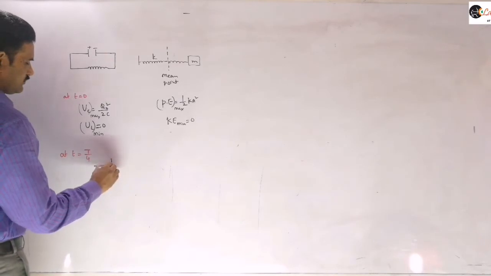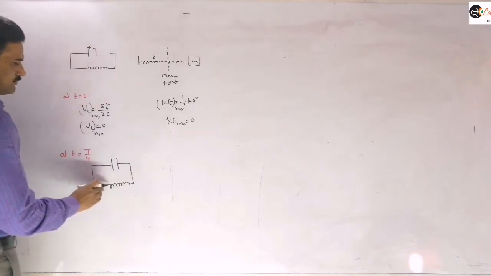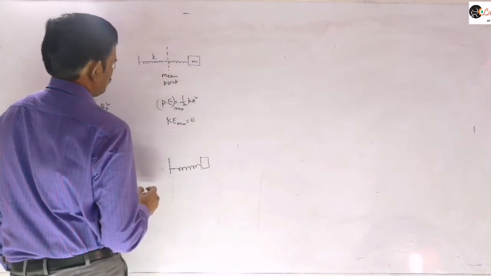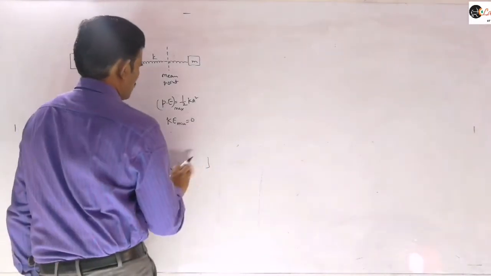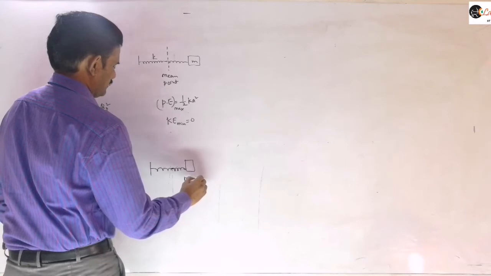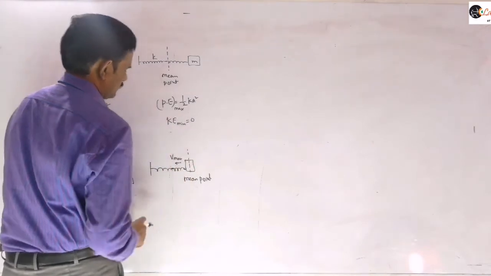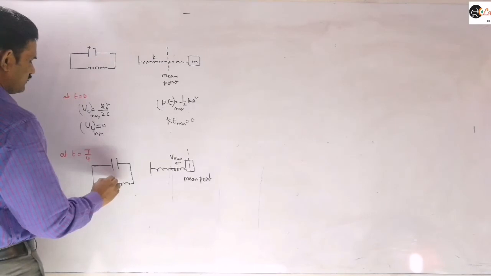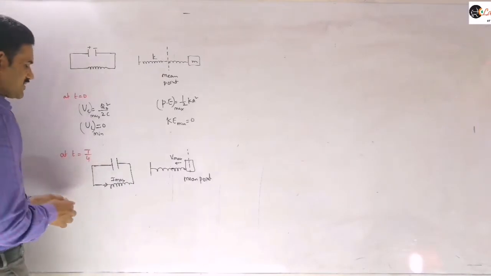The block will be at its mean position. Now the current passing through the inductor will be maximum, so the maximum energy will be across the inductor.